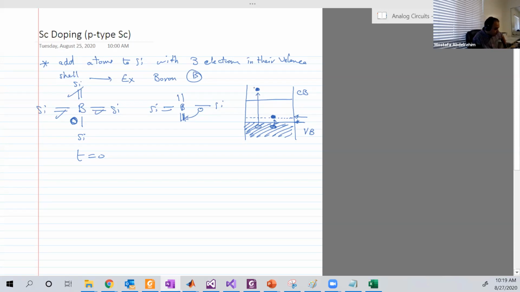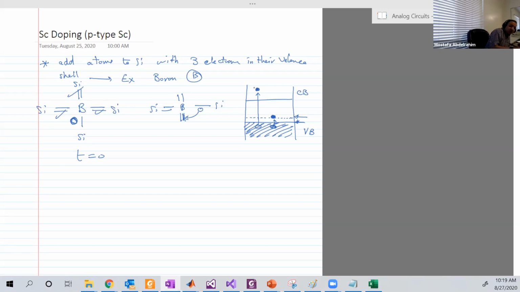Okay? And again, the material is neutral. This is a basic principle. The concentration, or even the number if you talk about absolute numbers, of the negative charge must equal the concentration of the positive charge.